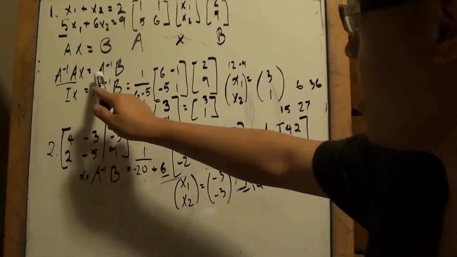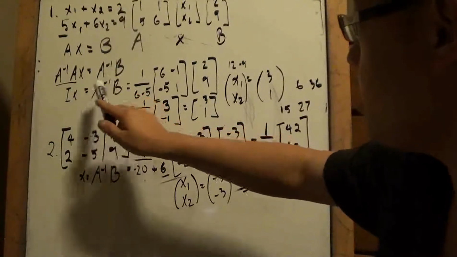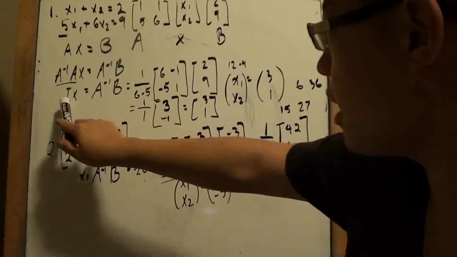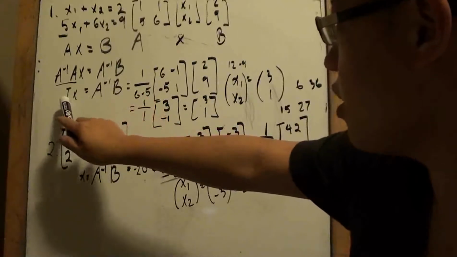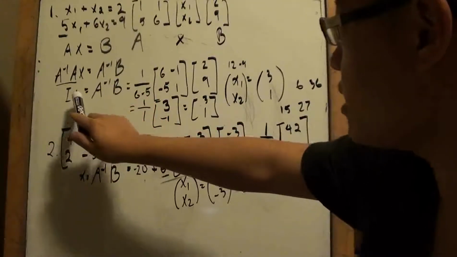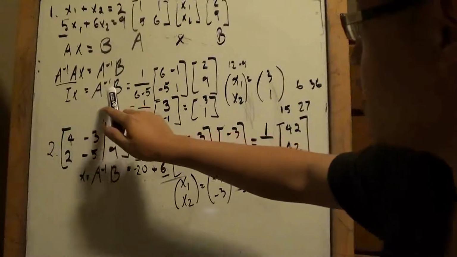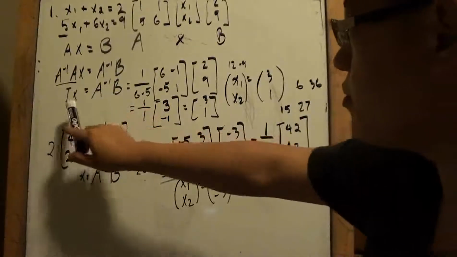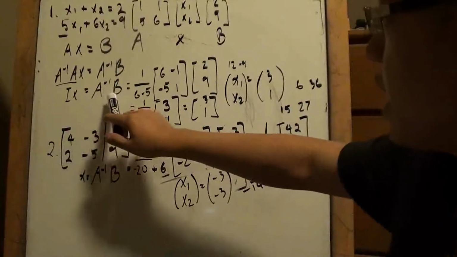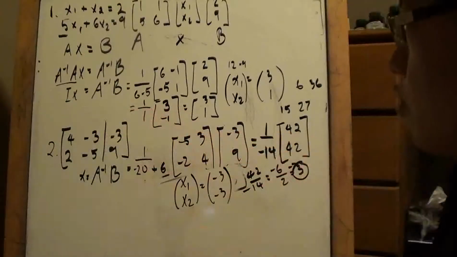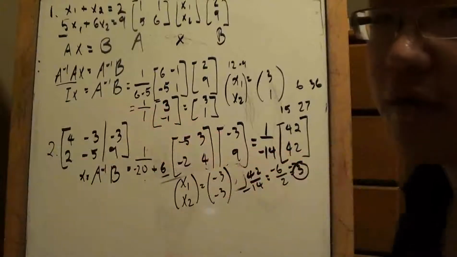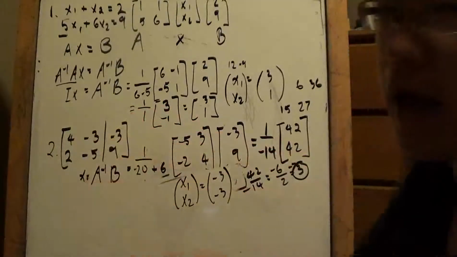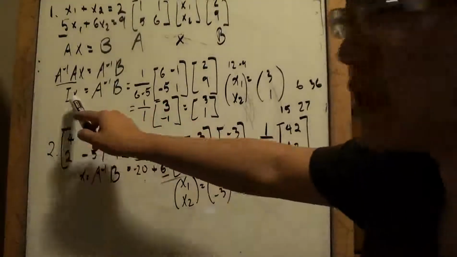That's going to be A inverse times B. So essentially it's going to be x equals A inverse times B, right? If that's the case, I know what A inverse is and I know what B is, so if I multiply them together, I should have a nice set of solutions for the unknown variables represented by x.